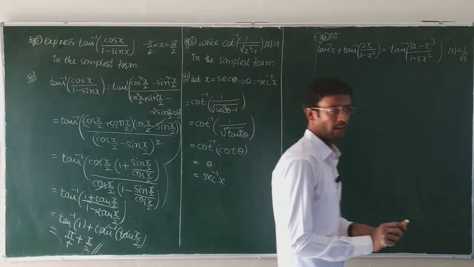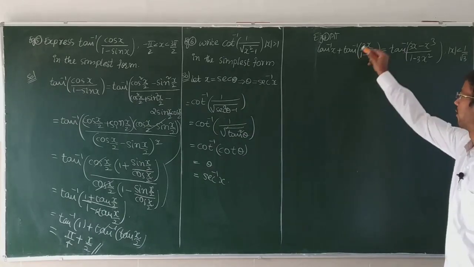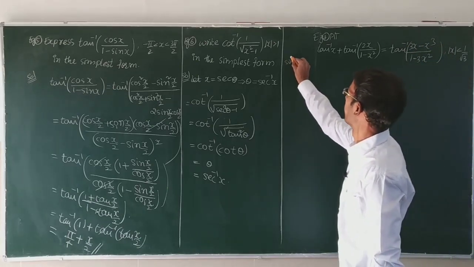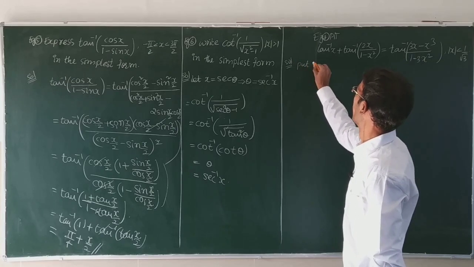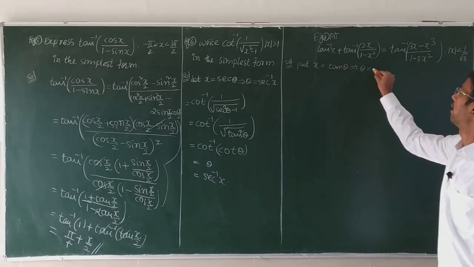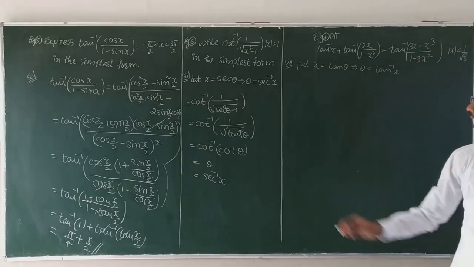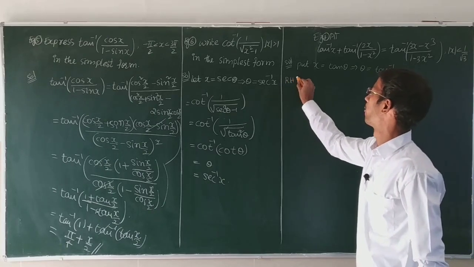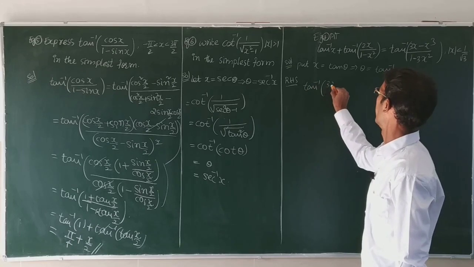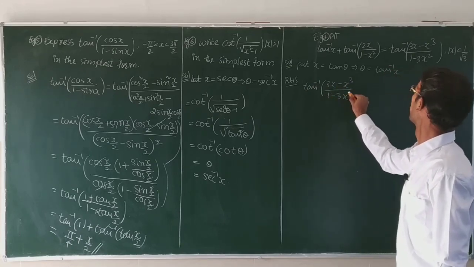Next problem number 7. Prove that tan inverse x plus tan inverse of this value equals this. Solution. Put x is equal to tan theta, which implies theta is equal to tan inverse x. I am taking here the RHS part. Tan inverse of 3x minus x cube by 1 minus 3x square.